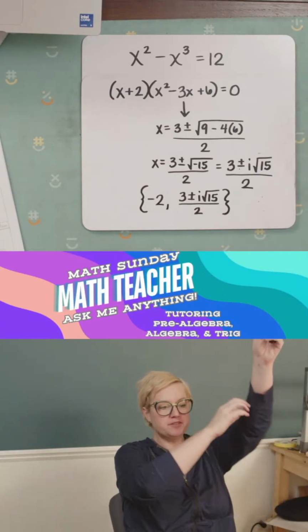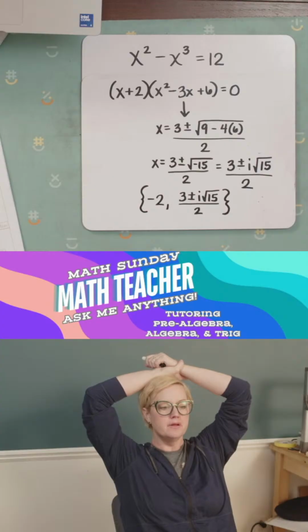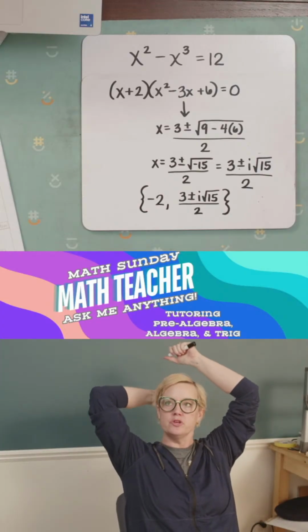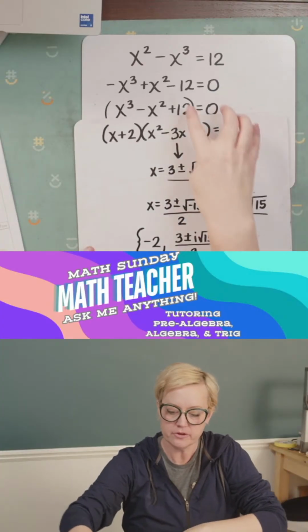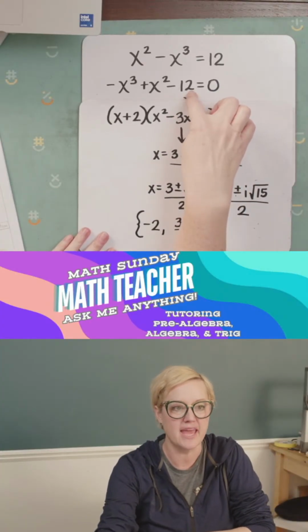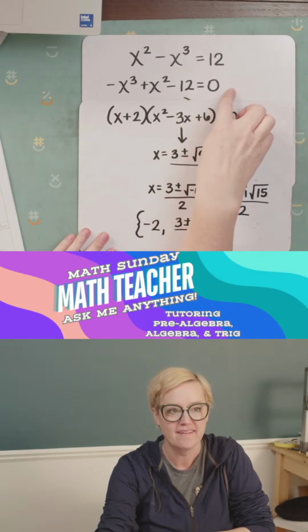You don't have to plug in and check, but it is kind of like plug in and check, where you just use the factors of 12. You test the factors of 12 until you get one that works for 0.